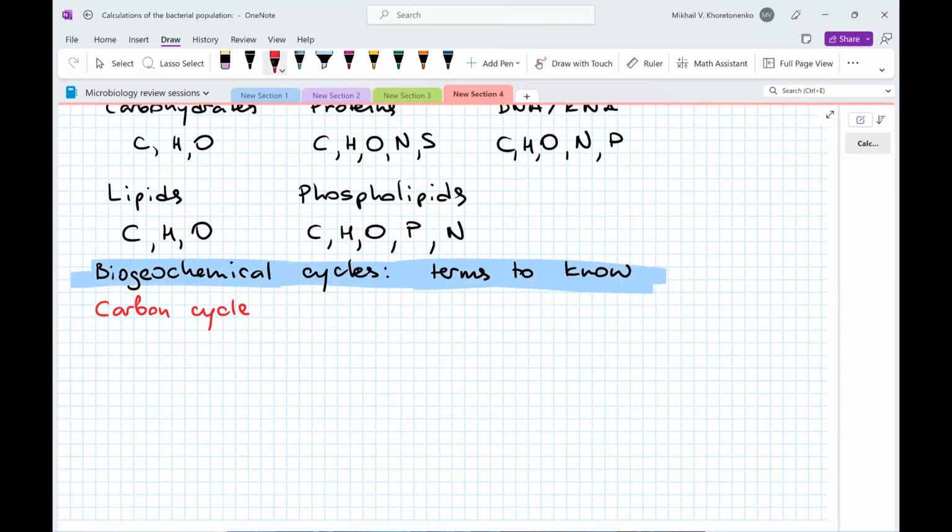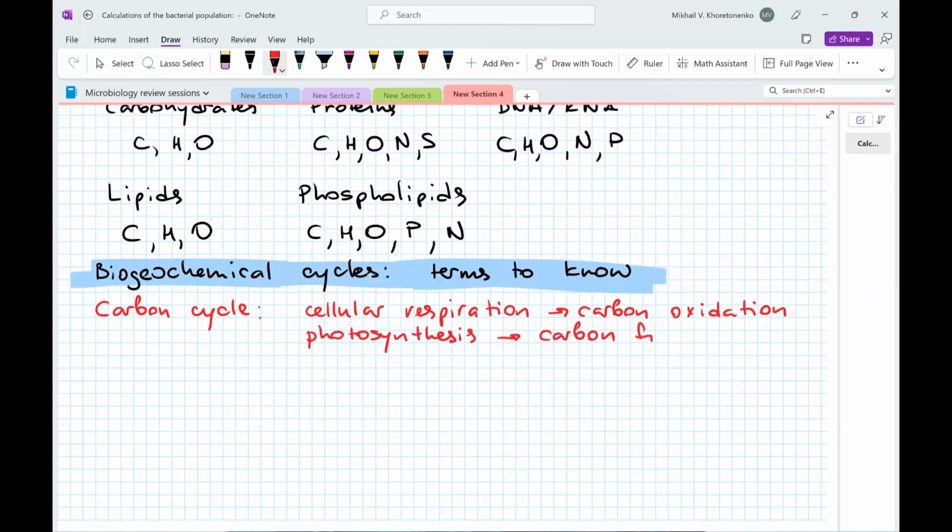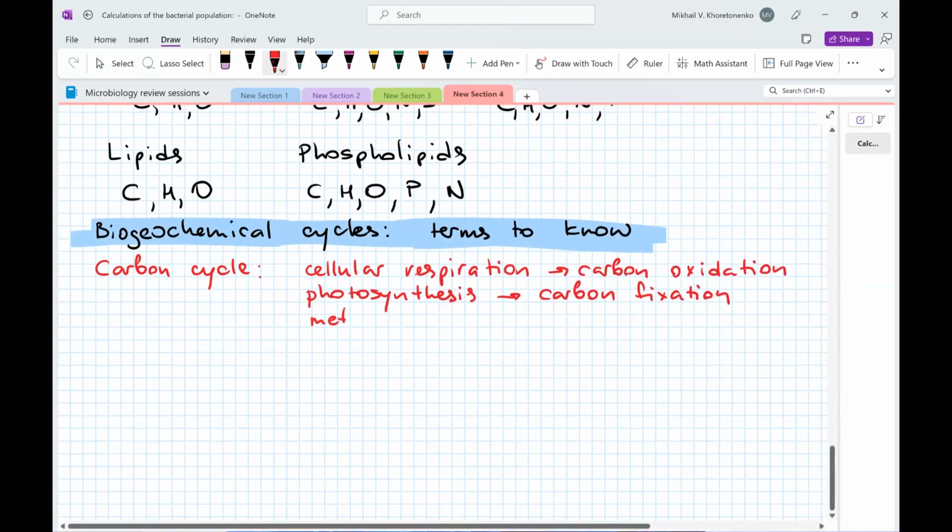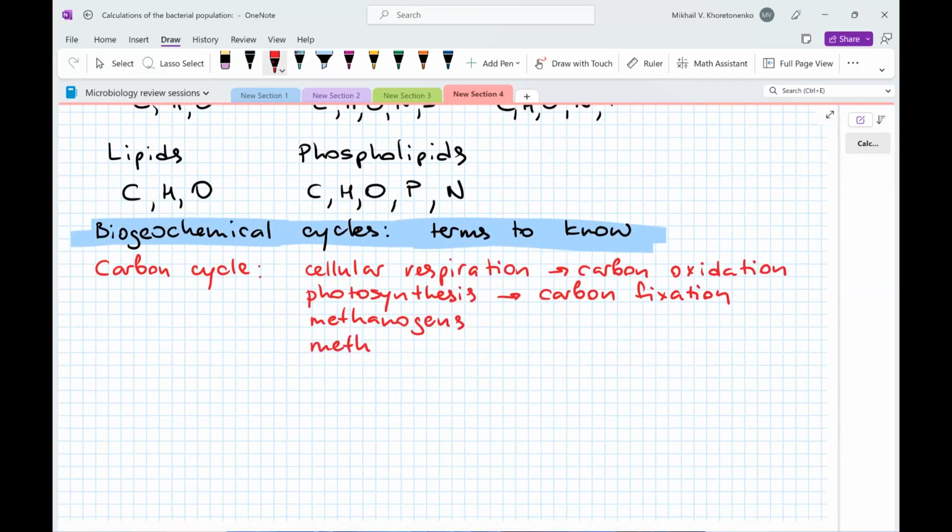Cellular respiration, carbon oxidation, photosynthesis, carbon fixation, methanogens, and methanotrophs.